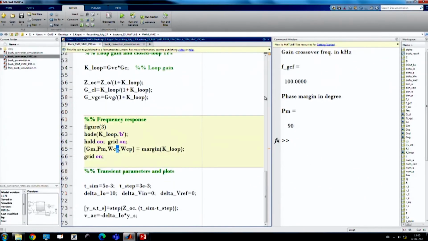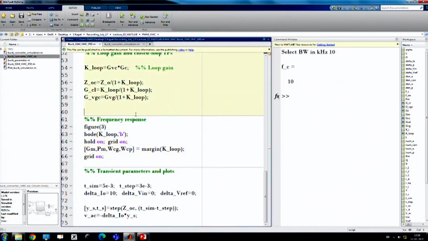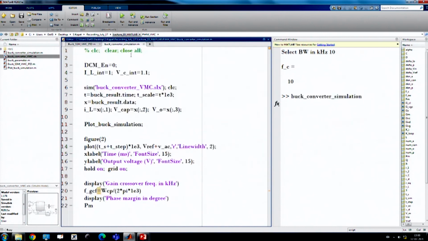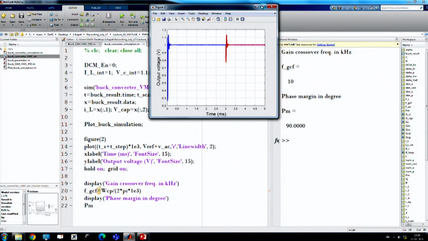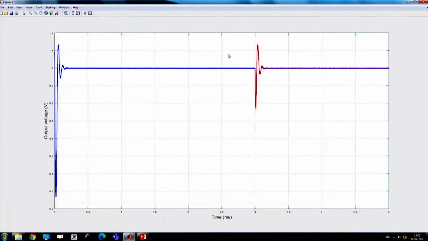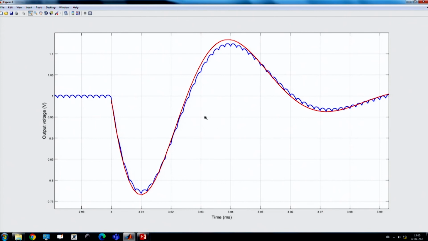If we further reduce to 1/10, let us say 10 kilohertz, then we want to see how far they are matching for the load transient performance. In this case you will find they are matching quite accurately, not accurately, because there is still some deviation.